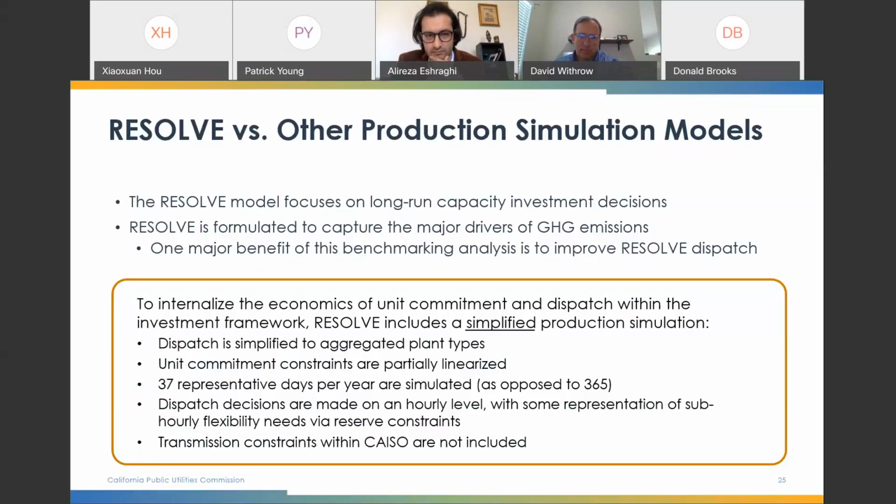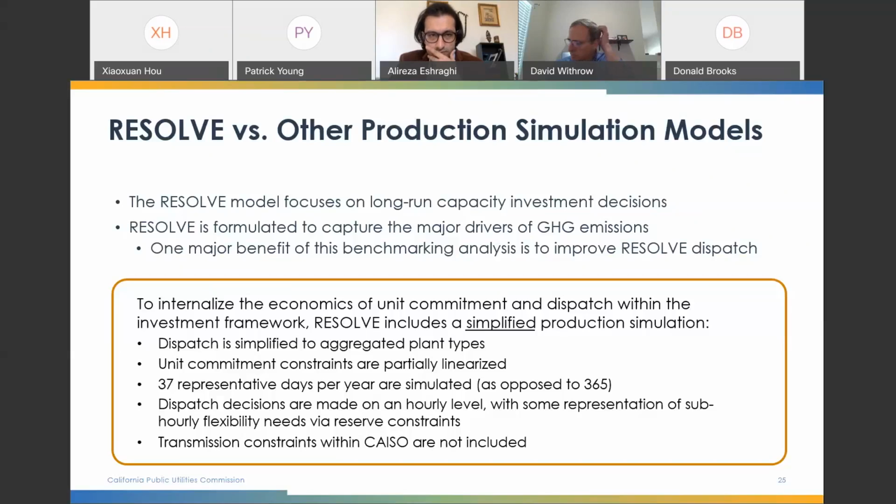So Resolve simplifies a number of things, including aggregating plant types. Maybe 20 or 30 combined cycles become one big aggregated combined cycle. We linearize or partially linearize unit commitment constraints, so there are no integer decisions in Resolve.